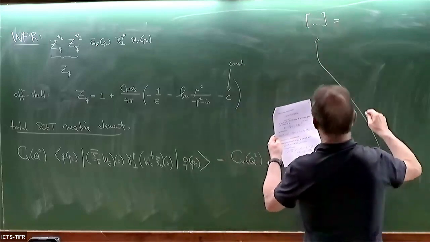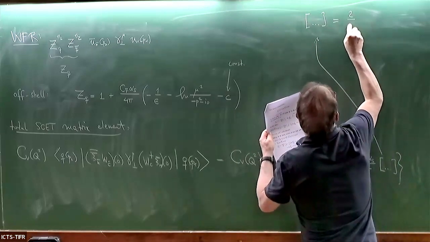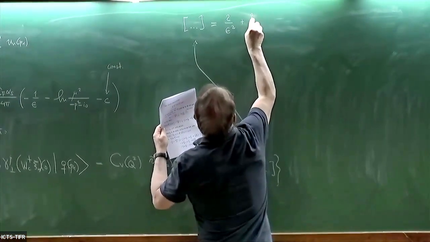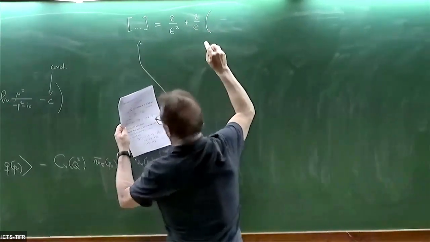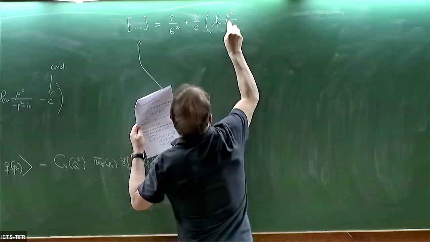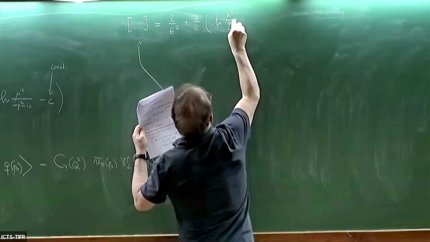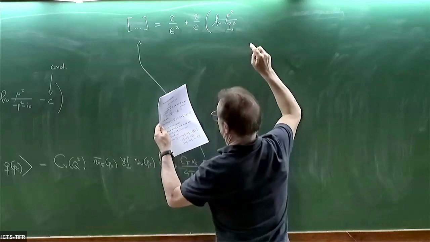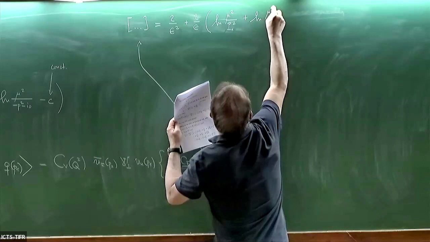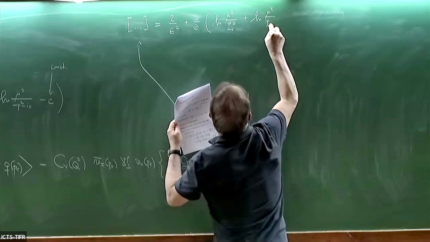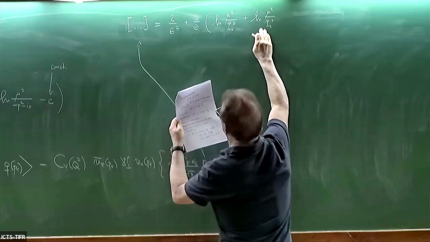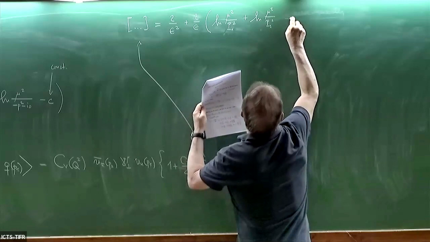If you put everything together, 2 over epsilon squared plus 2 over epsilon log mu square over, now I introduce again capital P1 square, which is minus little p1 square, remember, plus log of mu square over p2 square. Now clearly this is the collinear contribution plus wave function renormalization. This is the anti-collinear plus wave function renormalization.